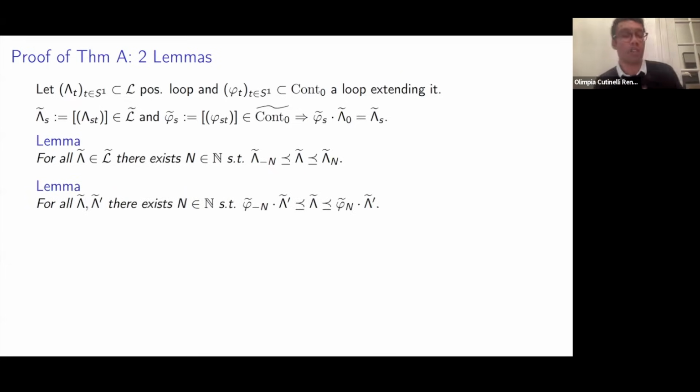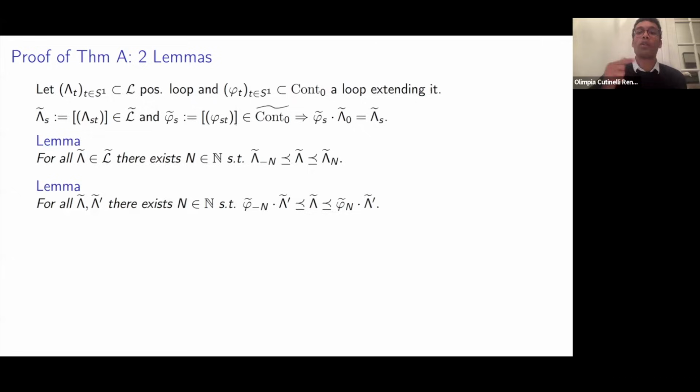And the second one, which is not very much harder, but I'll try to give a proof for this one at least. For all lambda and lambda prime, there exists an integer n such that lambda tilde is in between phi n applied to lambda prime and phi minus n applied to lambda prime.